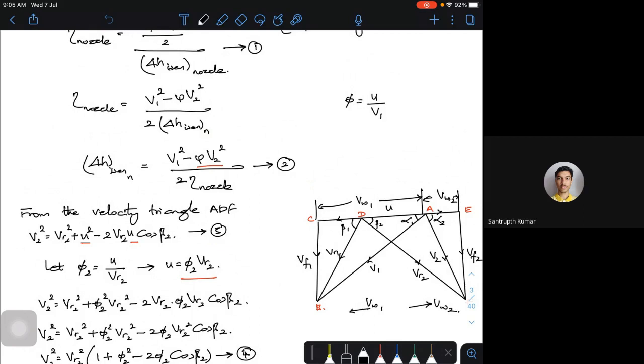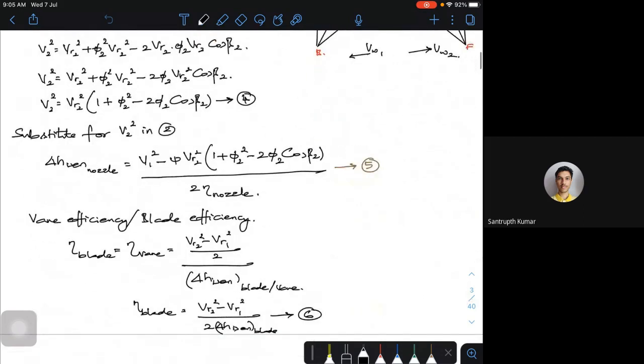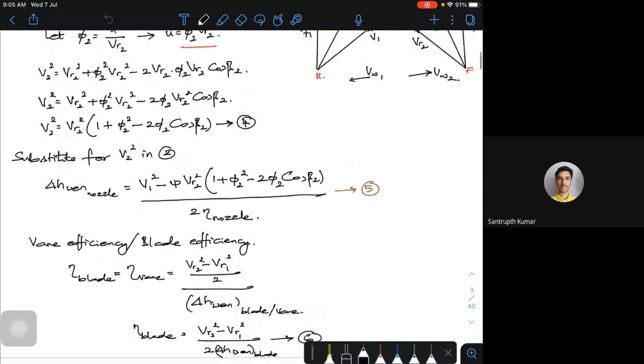My equation will be delta h for the nozzle, the isentropic enthalpy drop, is equal to V1 square minus psi into VR2 square into 1 plus phi 2 square minus 2 phi 2 into cos beta 2, divided by 2 times the nozzle efficiency. I am going to call that equation number 5.